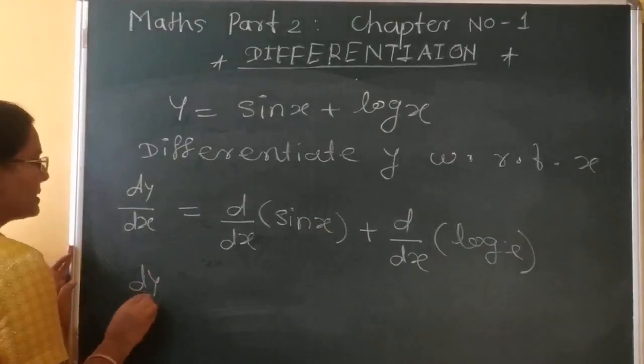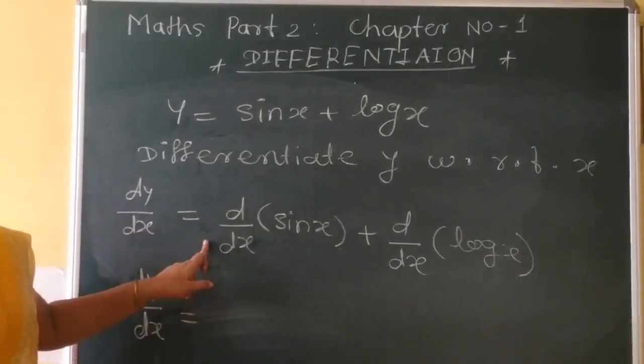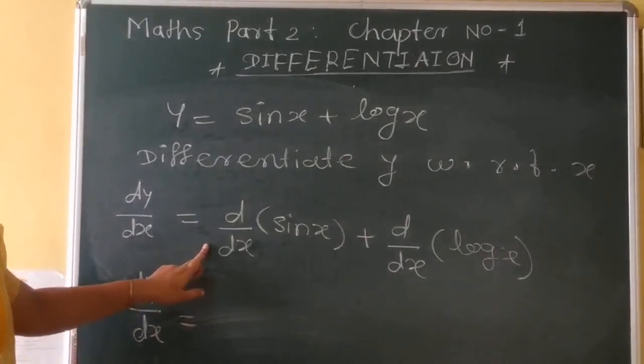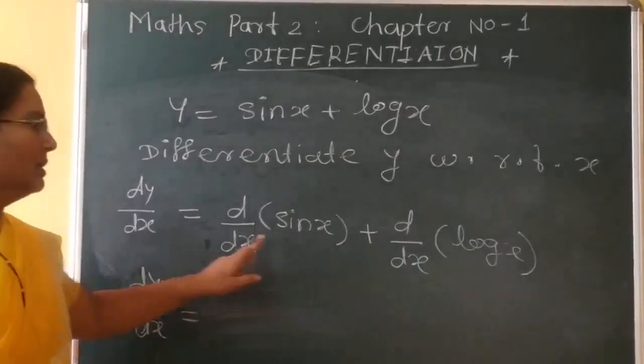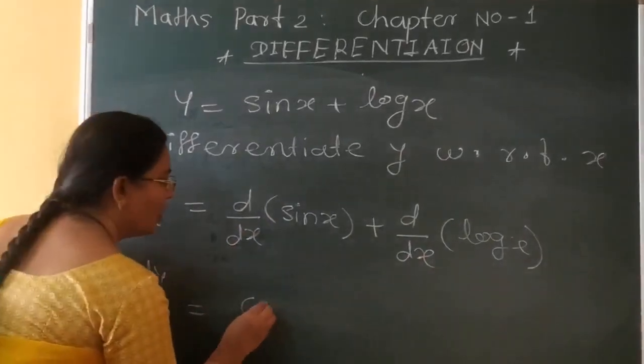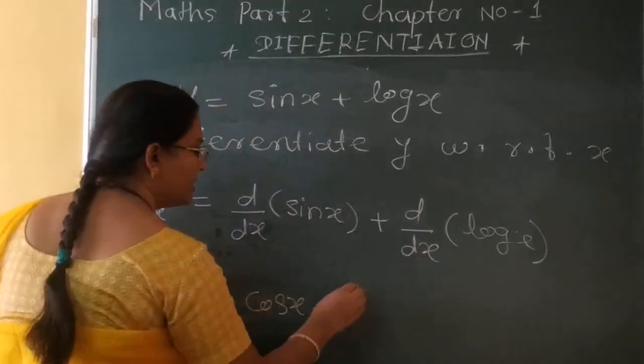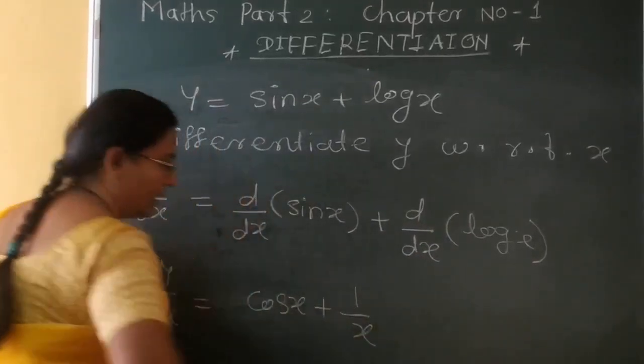We have studied already all the derivatives of the standard functions. Derivative of sin x is equal to cos of x, plus the derivative of log of x is equal to 1 upon x.